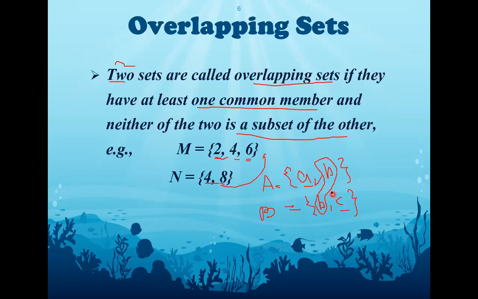Such sets are overlapping sets. Now please tell me, is it clear? What are overlapping sets? M and N are called overlapping sets if some members are the same and some are different. Clear?